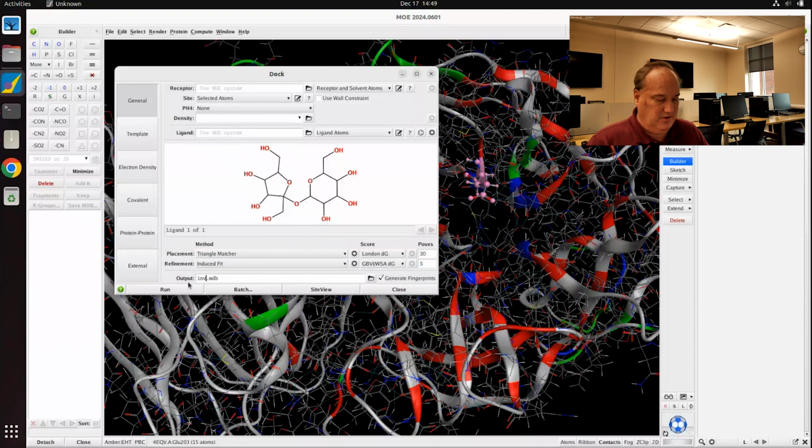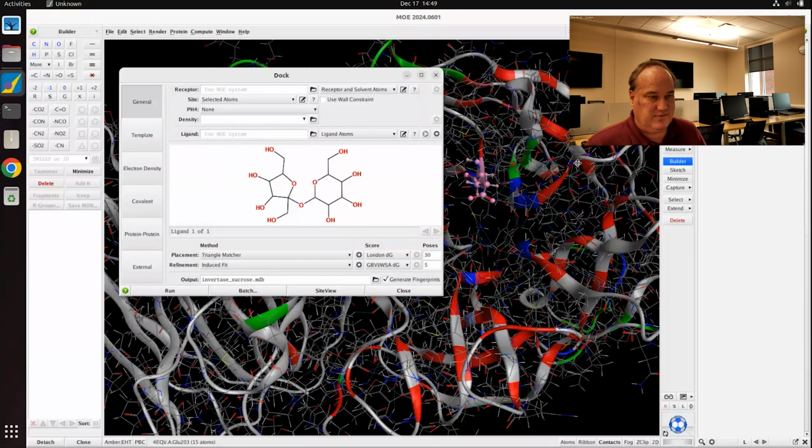For our output, I like to just say Invertase Sucrose, and this is going to save the docked poses in an MDB, molecular database file, where we can then retrieve them later as we want, right?